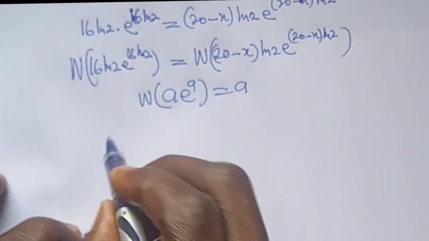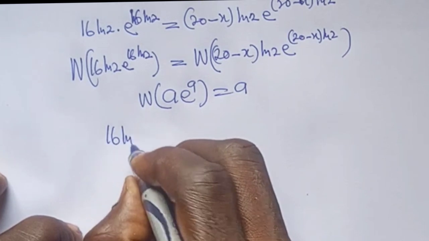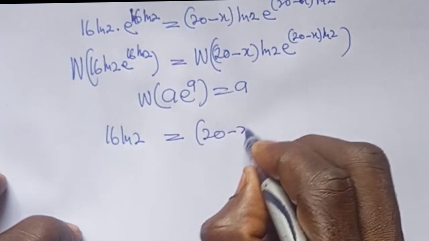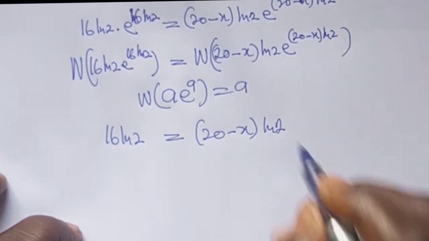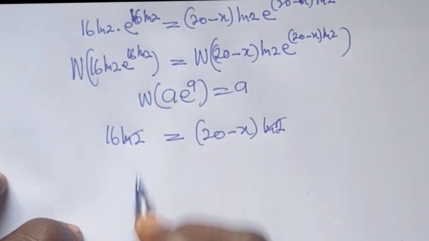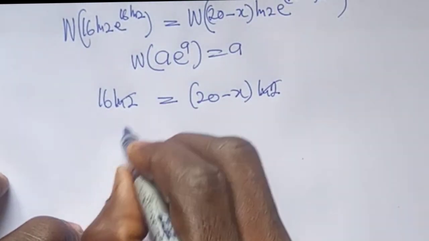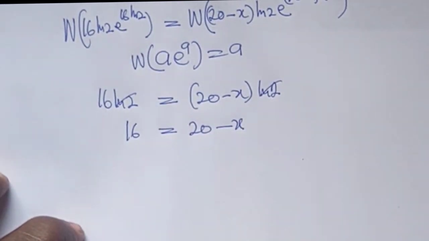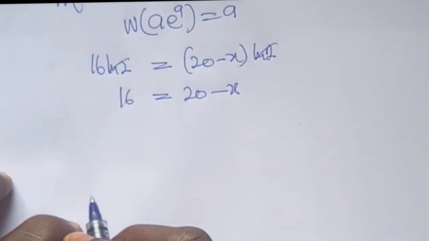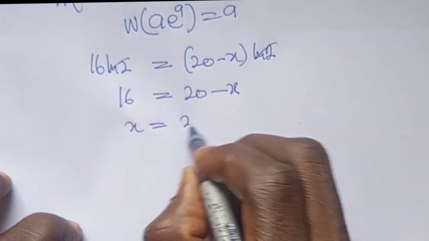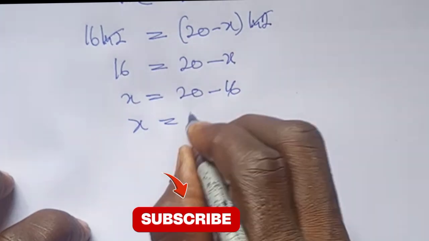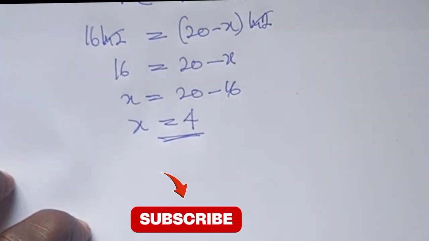So what we have here is 16 ln 2 equals 20 minus x ln 2. So ln 2 can cancel out. What is left here is 16 equals 20 minus x. So we can have x equal to 20 minus 16. So the value of x is equal to 4.